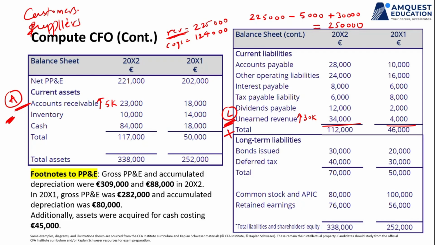Now cash paid to suppliers. Suppliers are related to cost of goods sold, payables, and inventory, right? Because you are purchasing, so you should also know how much is the inventory. So you are telling me that we have sold 124,000. You have sold products worth 124,000.